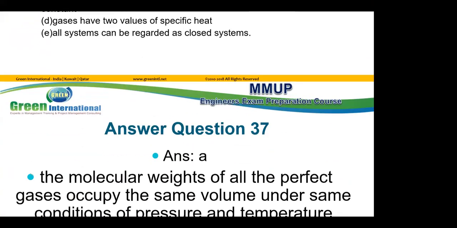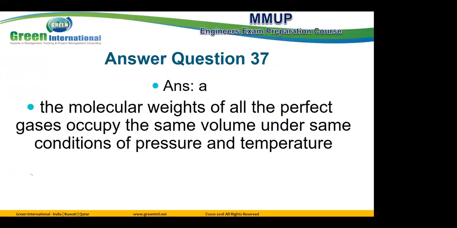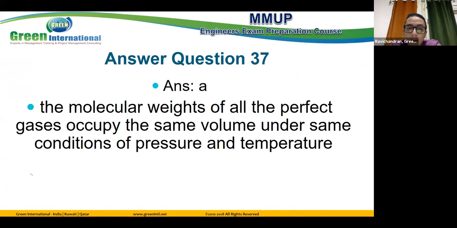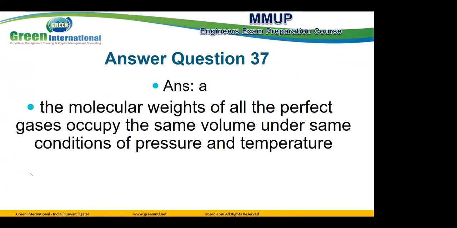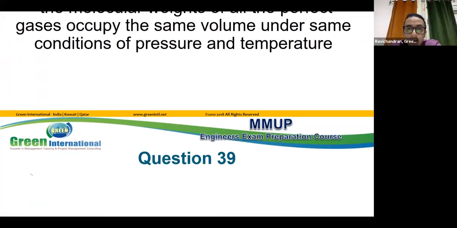The exact answer is A. The molecular weight of all perfect gas occupies the same volume under the same condition of pressure and temperature. P and T are constant. This is the condition for Avogadro's hypothesis.